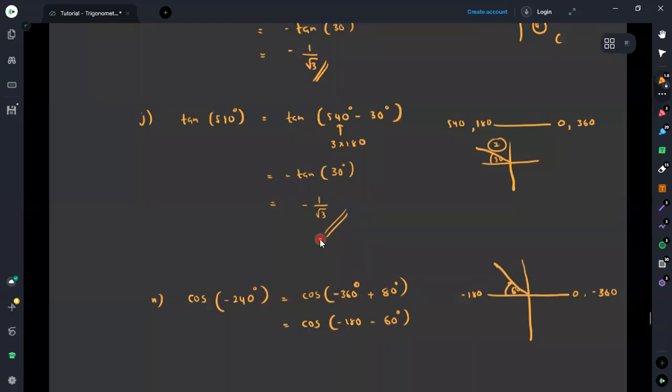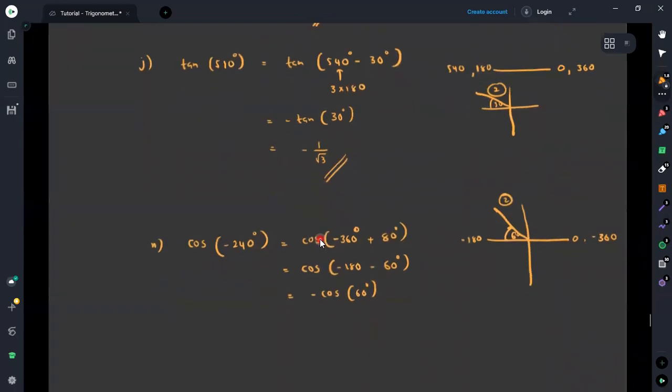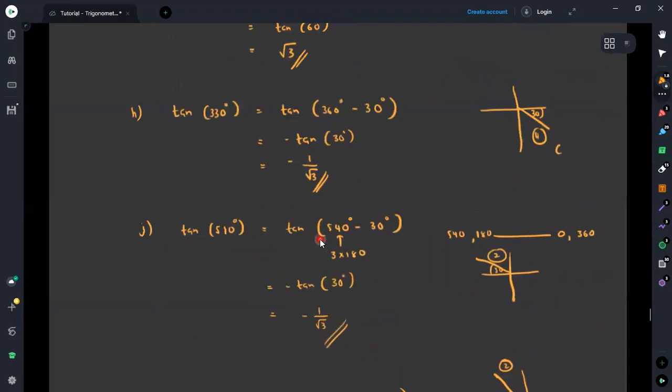Then we can see it is in the second quadrant. Only the sine ratio will have a positive value, so cosine should be negative with this 60 degrees, it is minus cosine 60. The value of cosine 60 is half, which is why we get minus half.